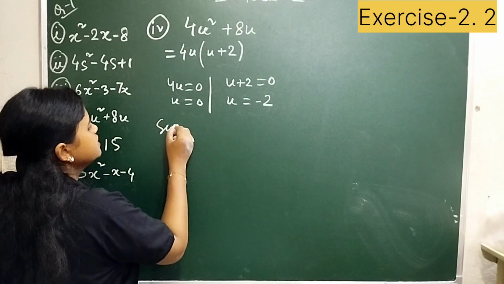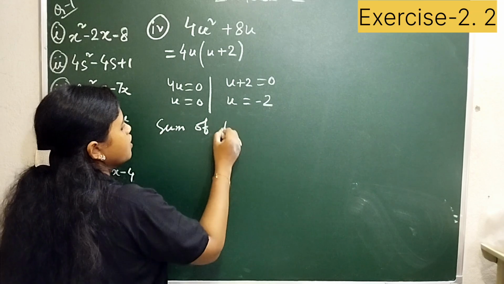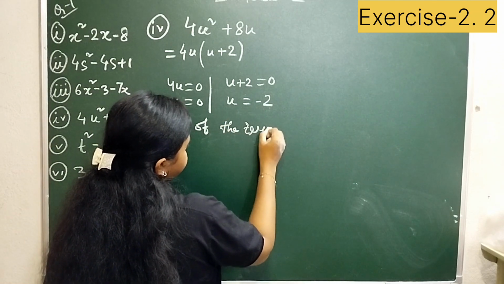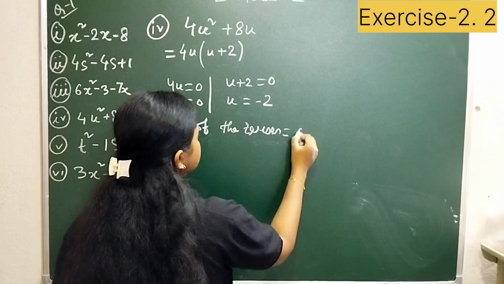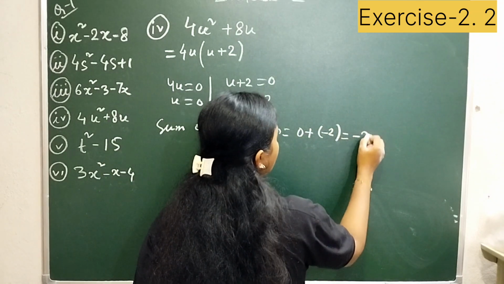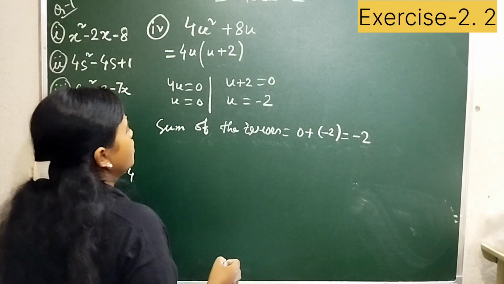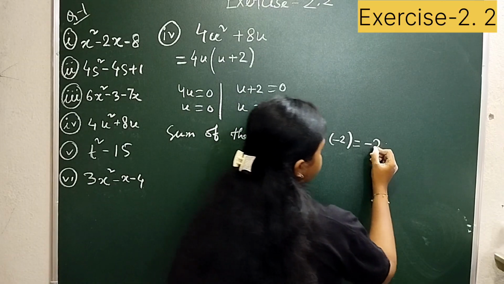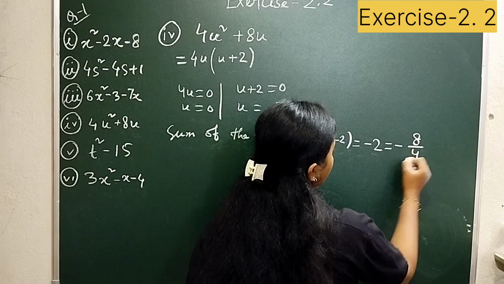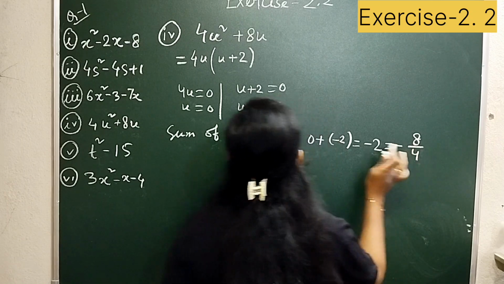Now, sum of the roots, the zeros. Sum of zeros is equal to 0 plus minus 2. Okay, so we got minus 2. Minus 2 can be written as minus of 8 by 4. So minus 8 is what?